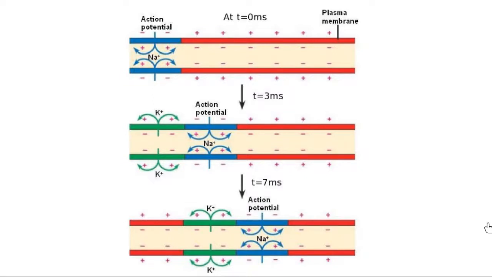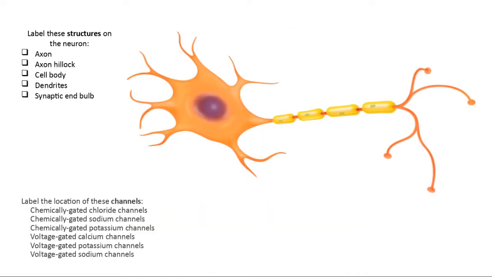And then the chloride channel is also at the axon terminals, right? When we talk about chloride channels, we only have chemically gated chloride channels. So there's only chemically gated chloride channels, no voltage-gated chloride channels.